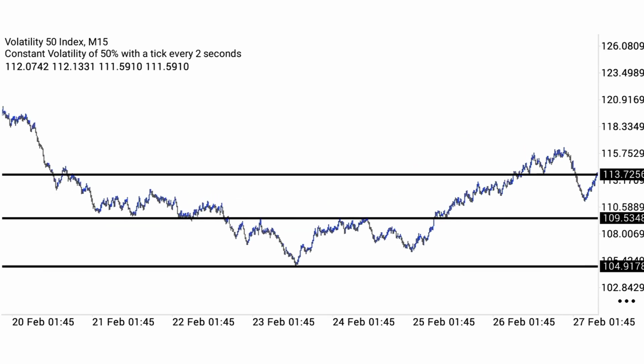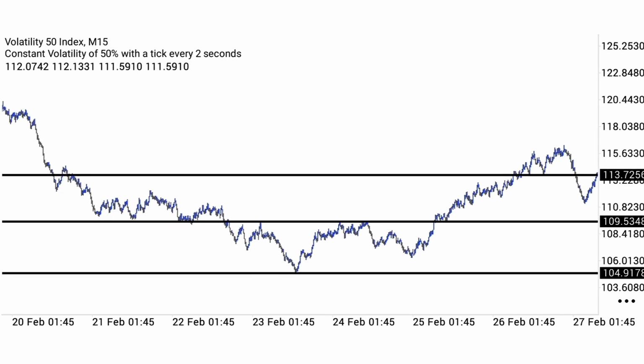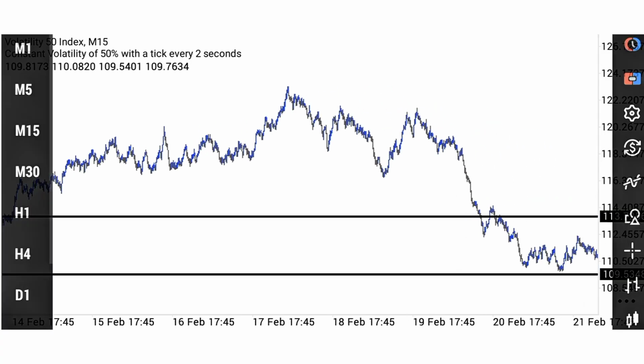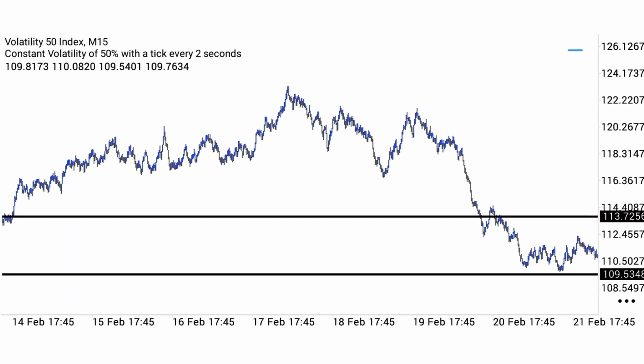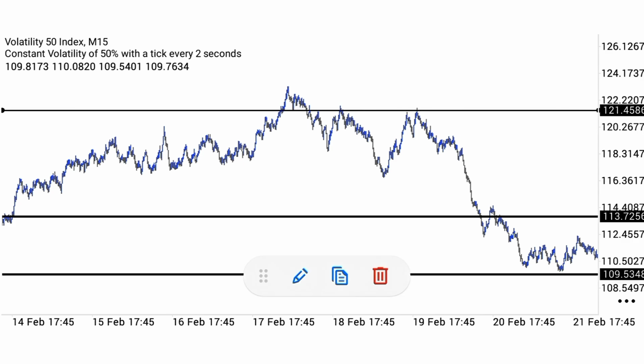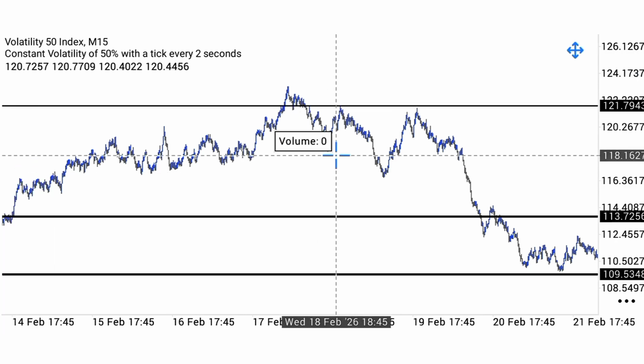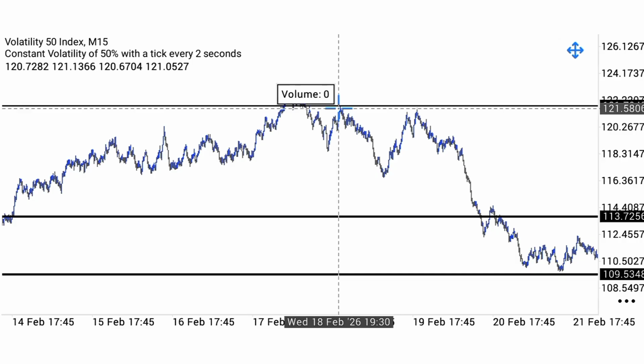So meaning that when you see a market, for example, let's see here. When you see a market at this point on the chart, this point here, see where my arrow is. See at this point here, look at my cross.